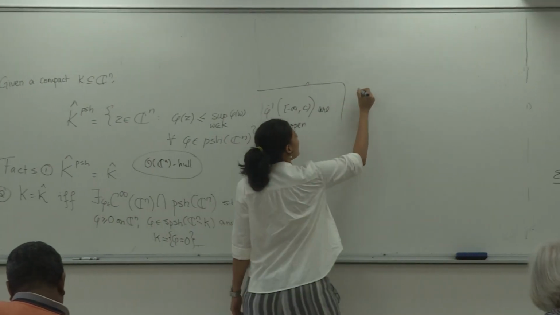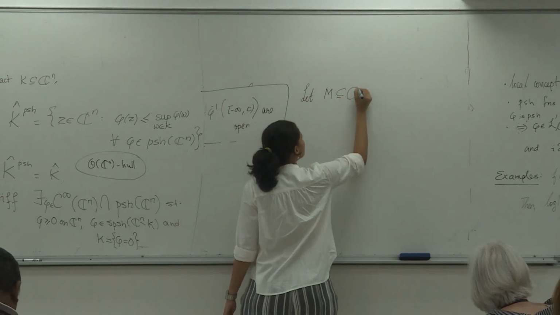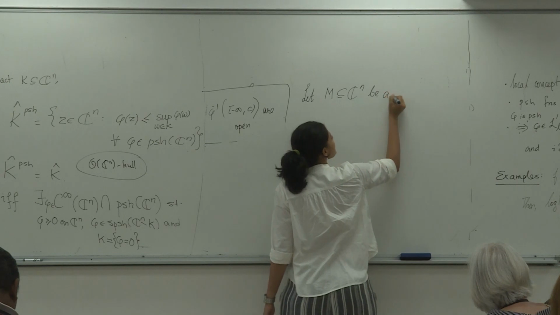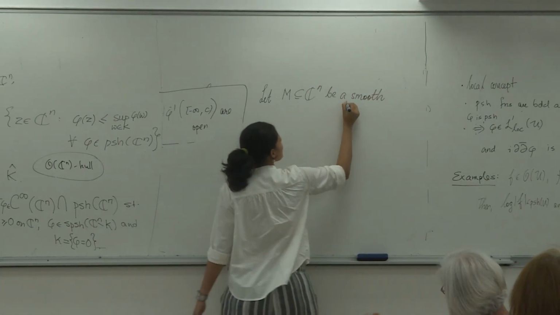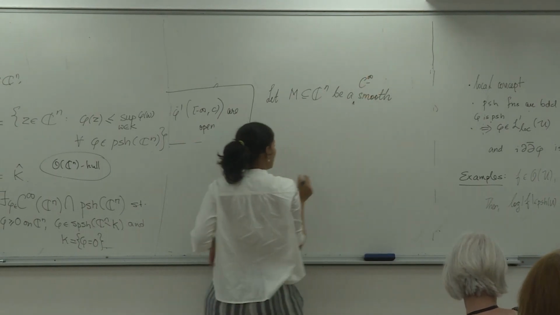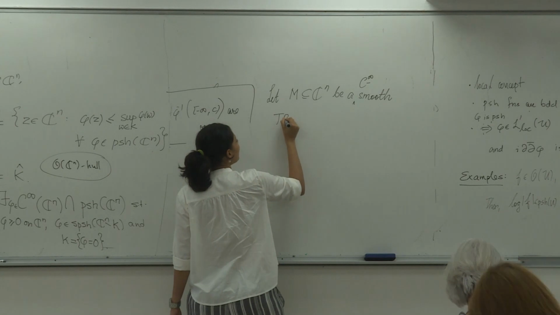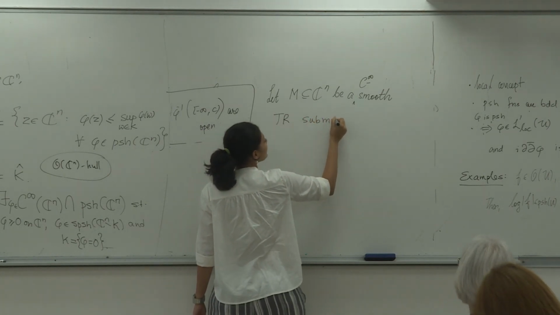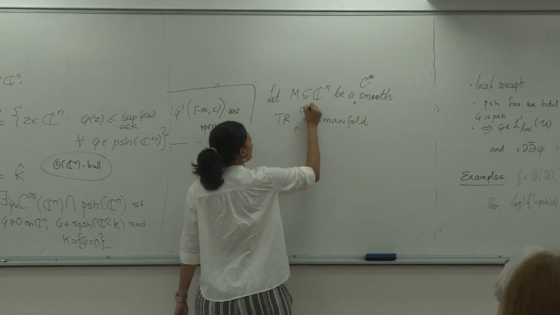So let M in Cn be a smooth, and when I say smooth, I really mean C infinity smooth. I can do with less than this. Be a C infinity smooth TR compact submanifold.